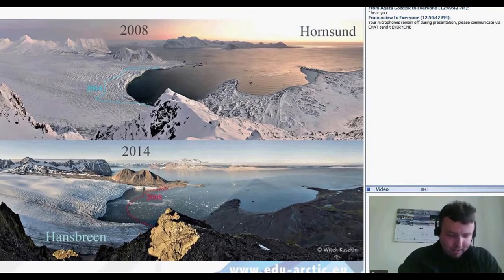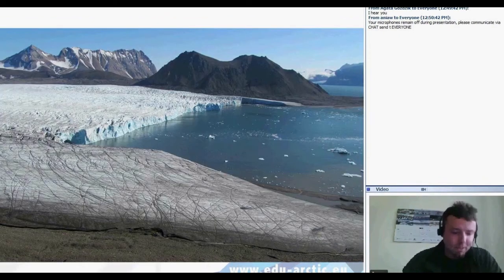We can look back in 100 years, but it's also nice to take older pictures from your friends and take the pictures from the same points. For example, my friend did that in 2008 and 2014. So you can see the extension of Hansbreen in 2008 and 2014. You can see it moved back. But as I mentioned before, there is no scale.